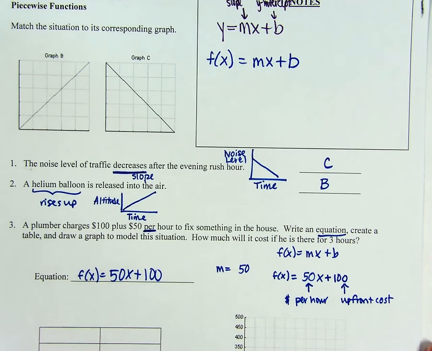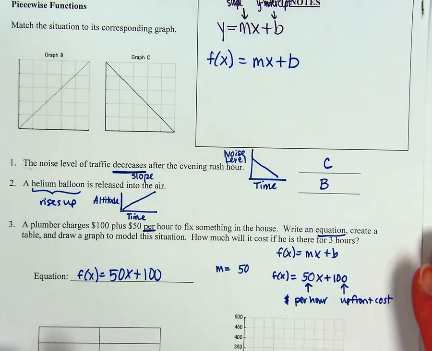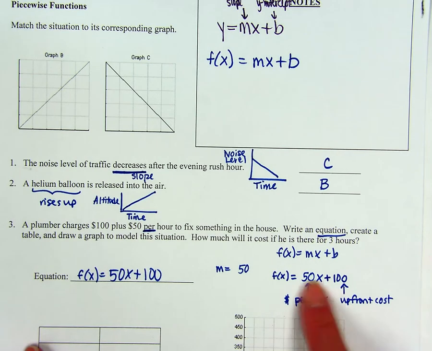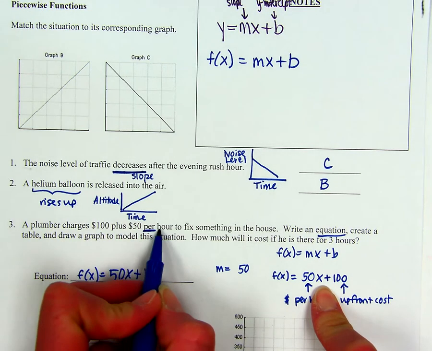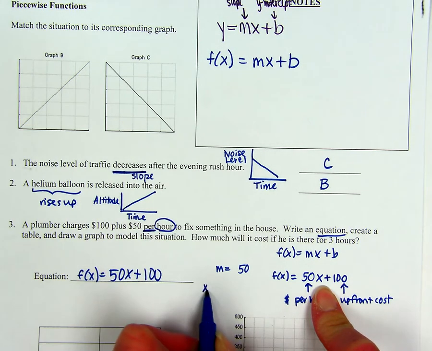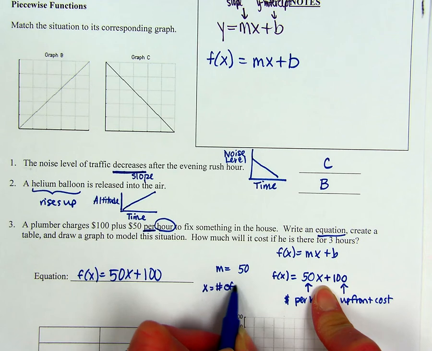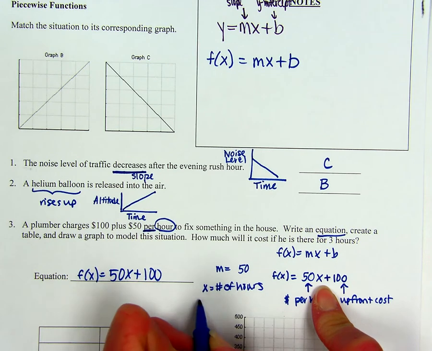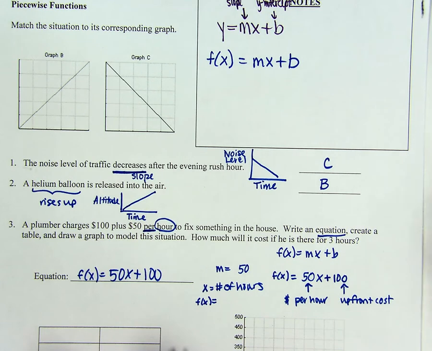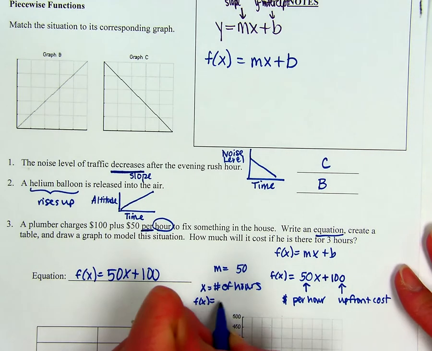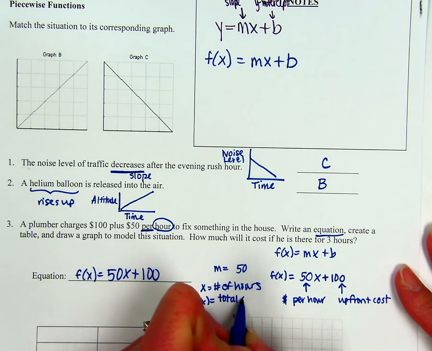That would be our y-intercept. All right, so if this is our scenario, then what does x represent? Well, x is representing per hour, so x is the number of hours. And what does f of x represent? F of x is our y, so that represents the total amount that you have to pay. So we'll call that our total cost.